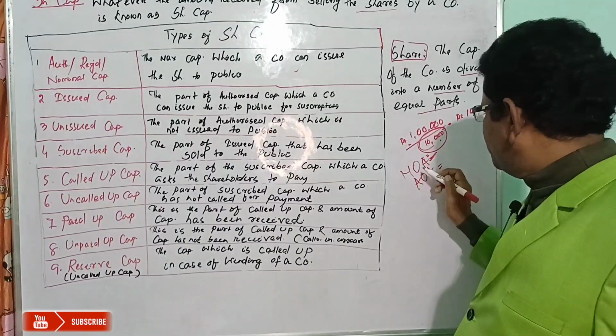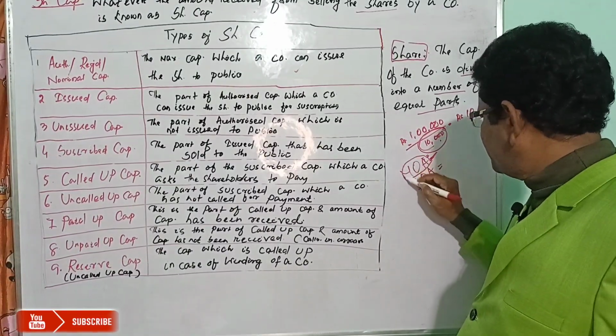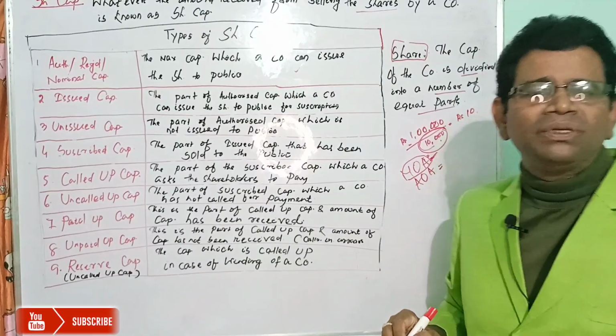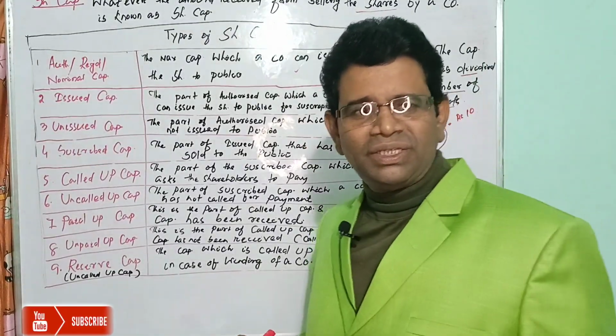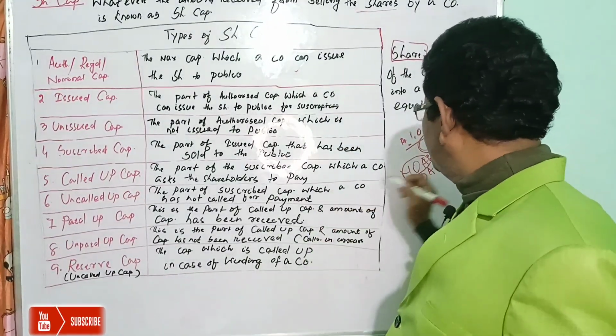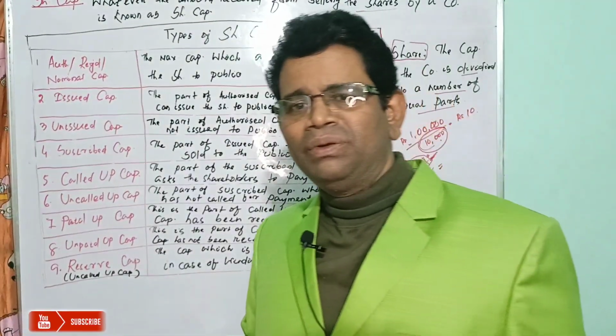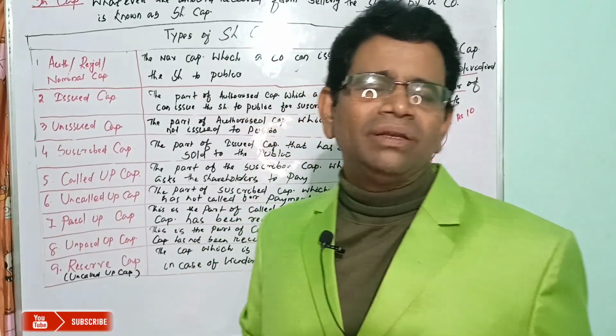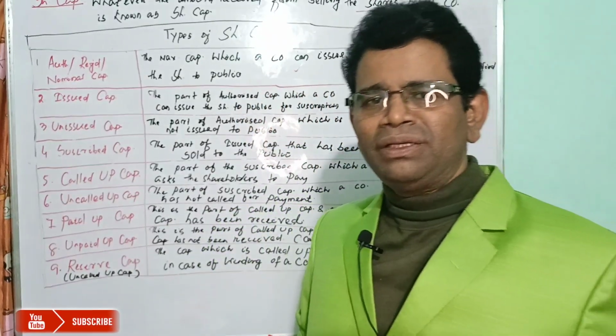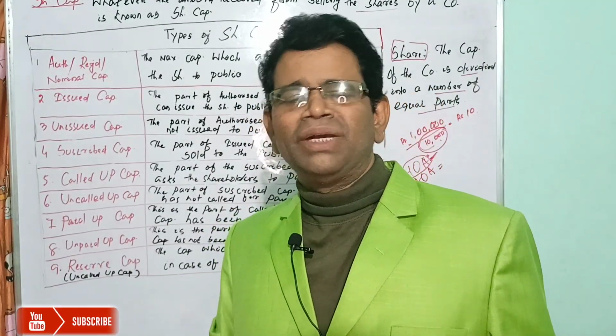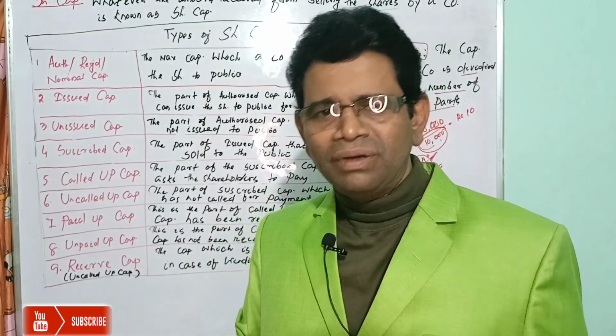The Memorandum of Association is the constitution of a company, and in the Memorandum of Association, there is one clause known as the capital clause. In the capital clause, the company will mention the maximum share capital of the company.